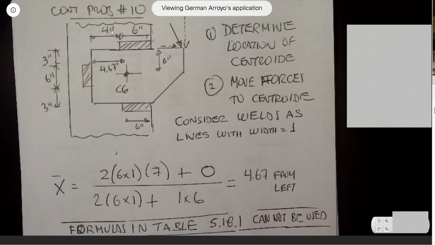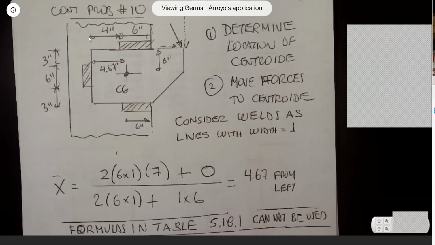That's where the 7 comes from: 3 plus 4. You can see that for the computation we assume this is 1, but I'm not adding the 0.5 because in reality this is a line. That's why everything goes to this point.